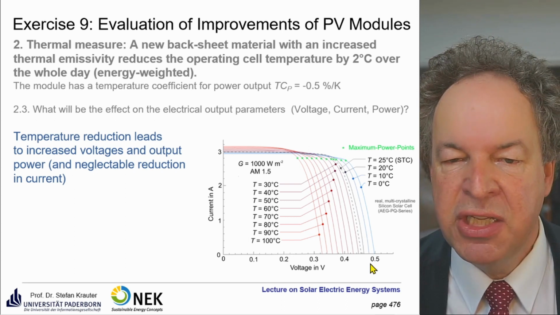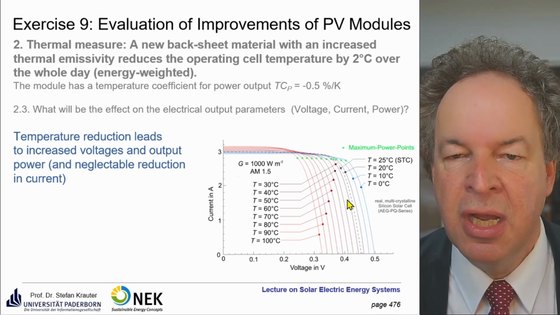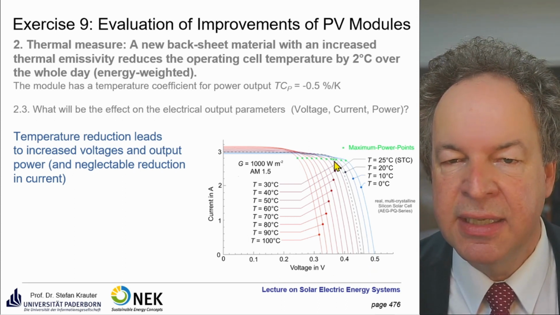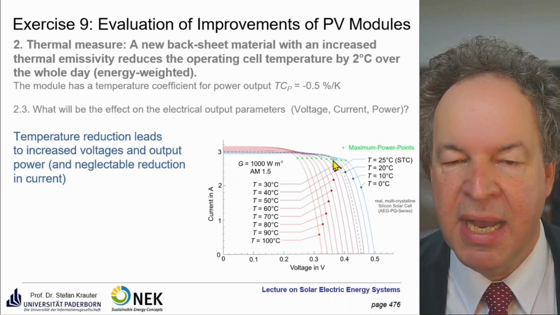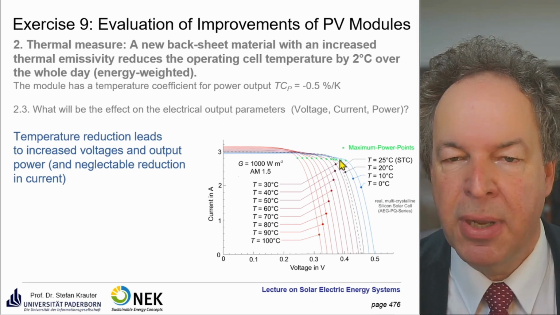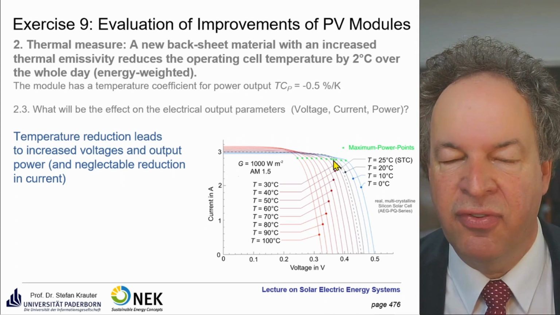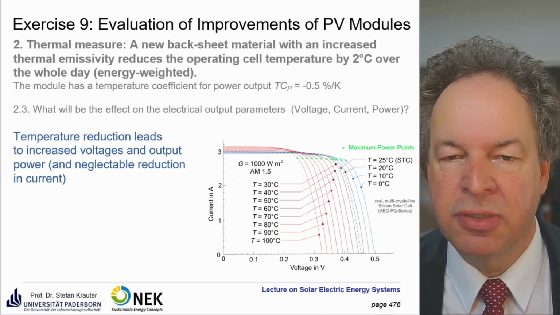So we have an increased voltage here, and also if you take a look at the green points, these are the maximum power points, and also the maximum power points at reduced temperature go to a higher voltage level, and altogether we have a higher power output.